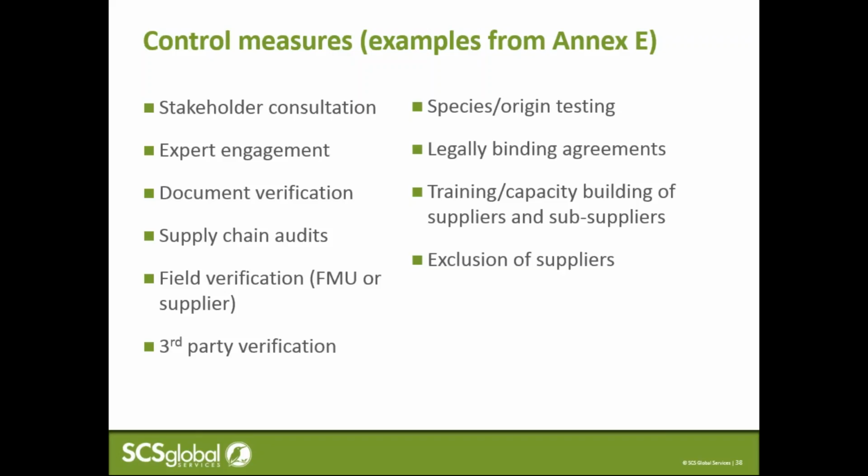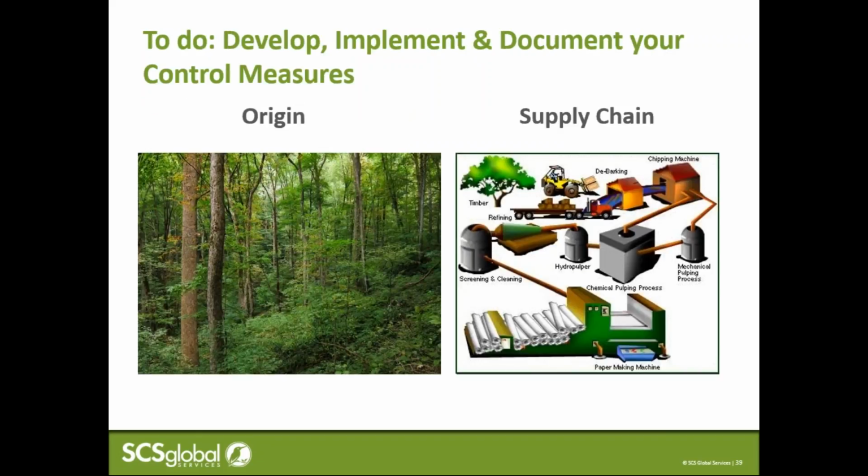Additionally, specific examples of the implementation of control measures are found in Annex E of the standard, as well as in FSC's webinar, Module 4, Risk Mitigation. Control measures, like risk assessments and information gathering, are necessary at both the origin and supply chain levels.